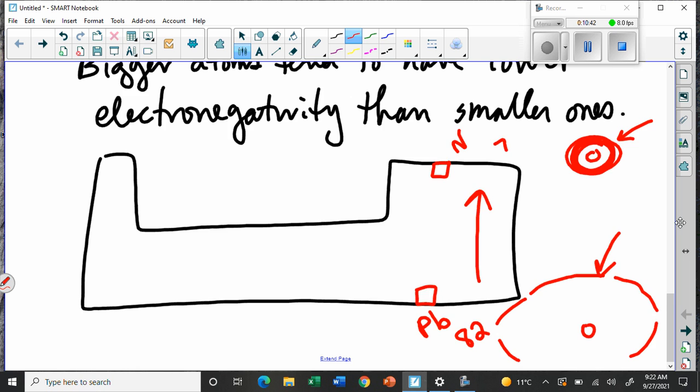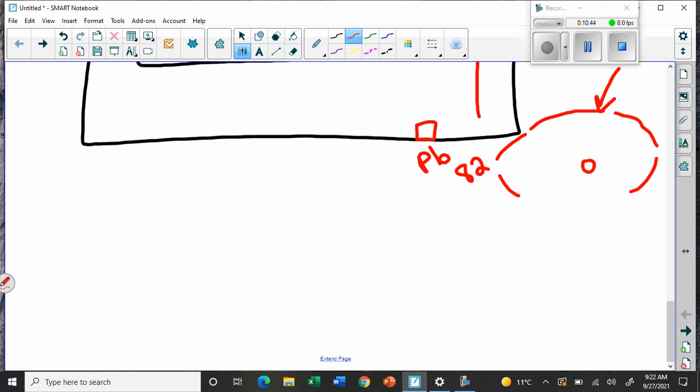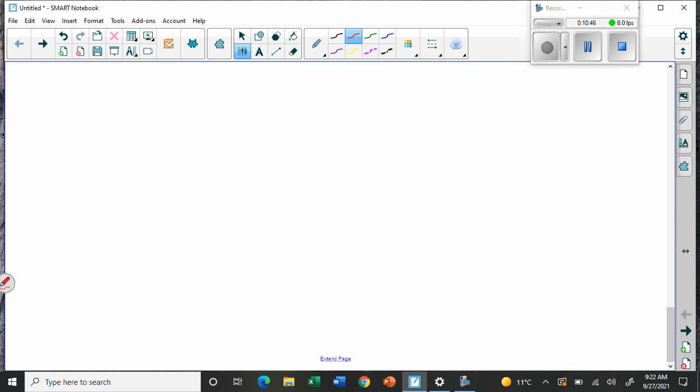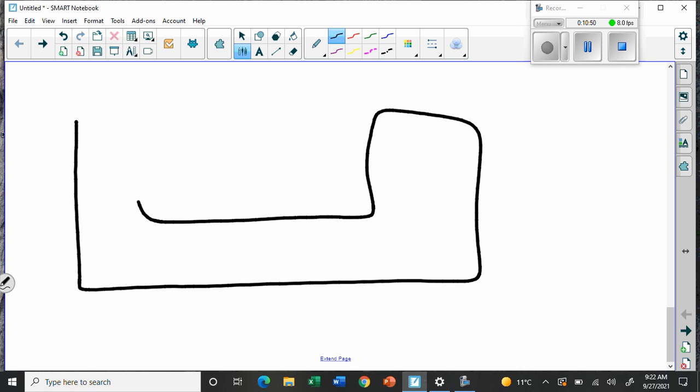Okay, now there's also a sideways thing that happens on the table. Let's draw another table. Let's look at it just in general. Here it is. If we look at something way over here like lithium, there's lithium.